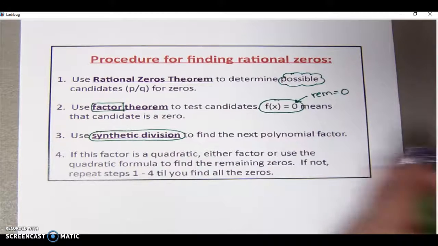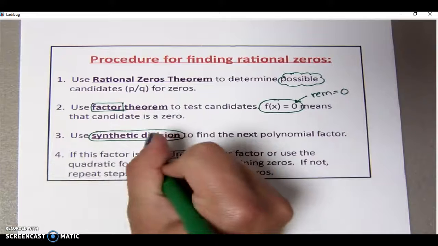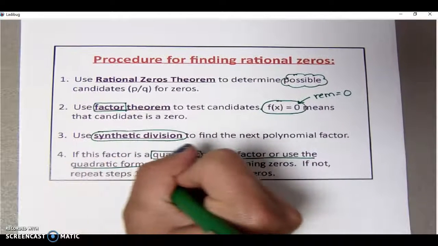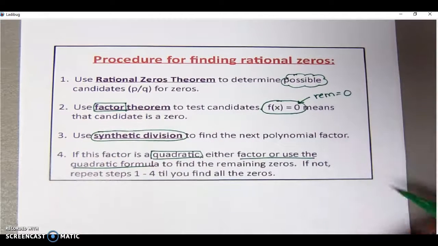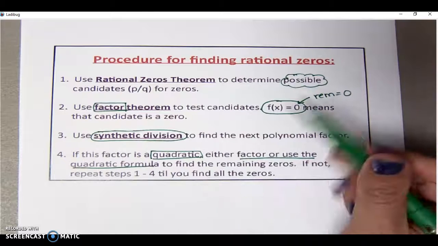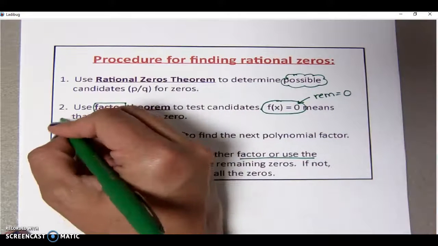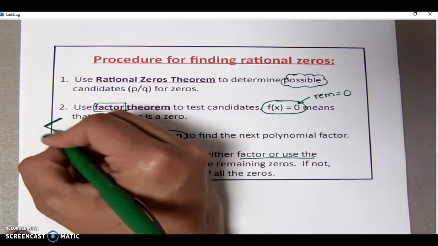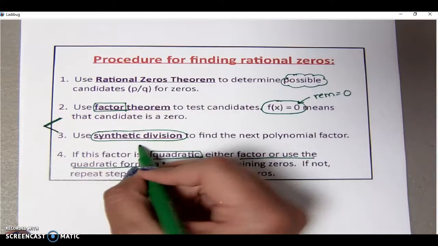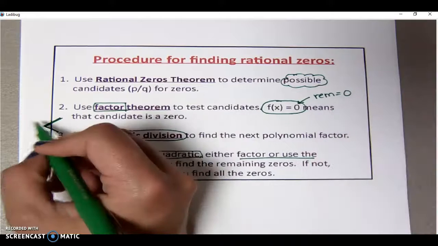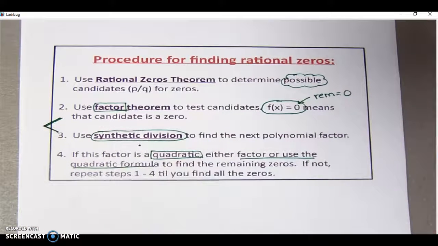Once you have a quadratic left, you can either factor, or sometimes you'll have to use the quadratic formula. If you don't have a quadratic, you may have to repeat steps 1 through 4 to get to the quadratic. Steps 2 and 3, sometimes you can just use synthetic division to check the remainder instead of using the factor theorem every time. So steps 2 and 3 we can combine sometimes.